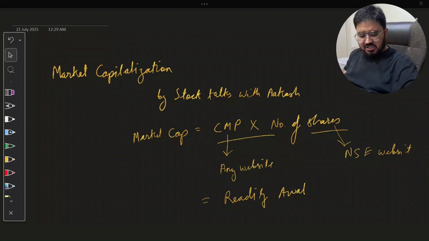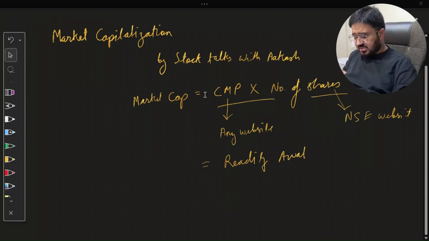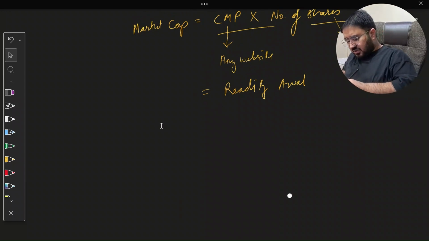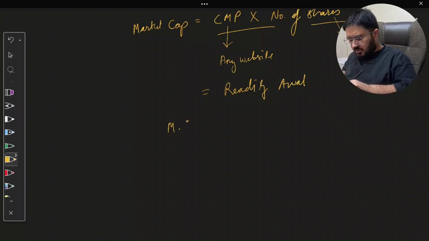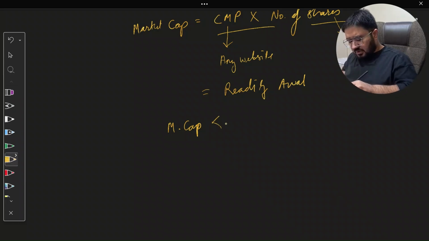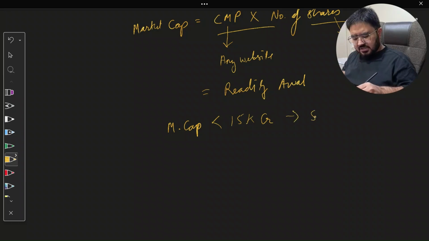So let's say the company is new. How will you identify if it is large cap, mid cap, or small cap? Then there is a bit of guesswork. Generally speaking, if the market cap is less than 15,000 crores, it is identified as small cap.